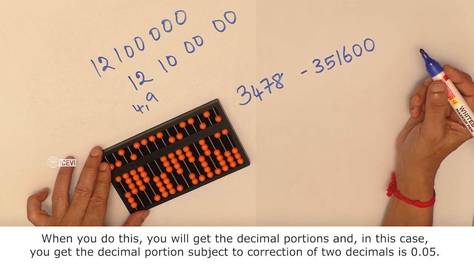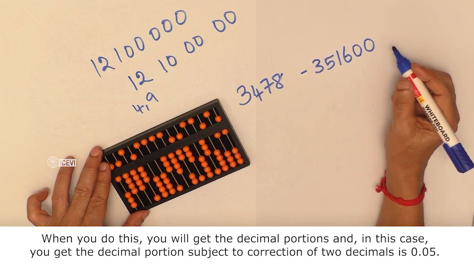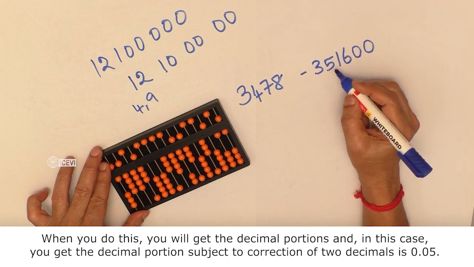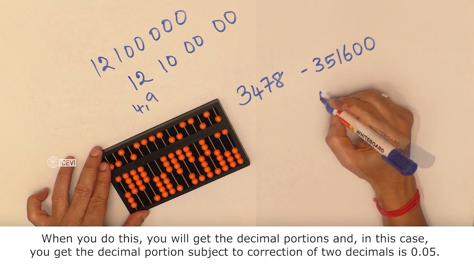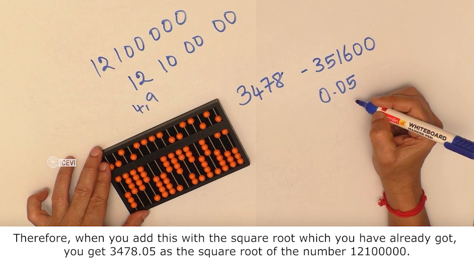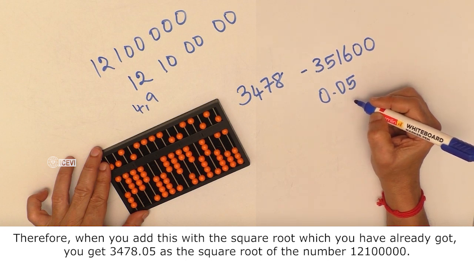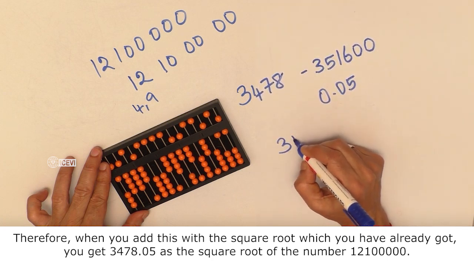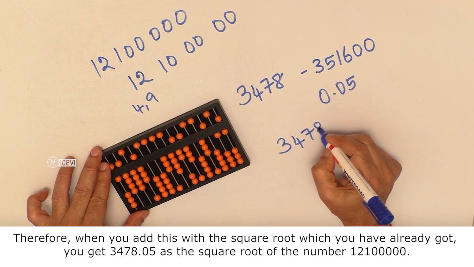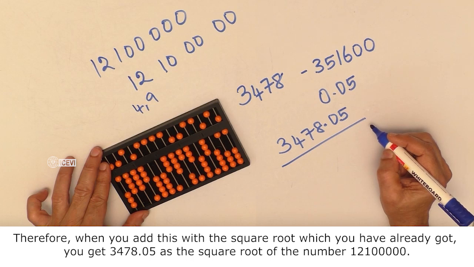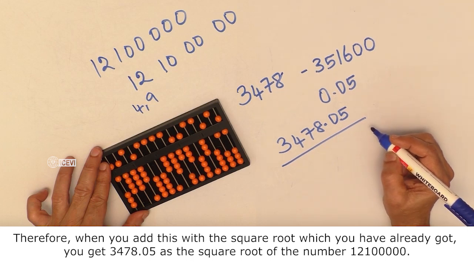When you do this, you will get the decimal portions, and in this case you get the decimal portion subject to correction of 2 decimals is 0.05. Therefore, when you add this with the square root which you have already got, you get 3,478.05 as the square root of the number 12,100,000.